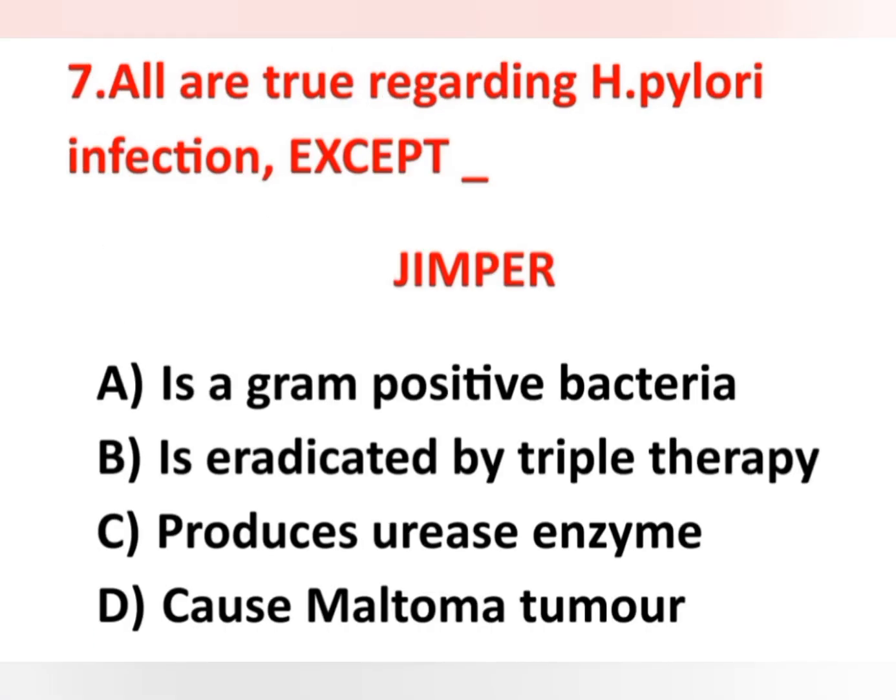Next question, the seventh question. All are true regarding H. pylori infection except: option A is a gram positive bacteria, option B is eradicated by triple therapy, option C produces urease enzyme, option D causes MALT tumor. So our question is which one is not correct regarding H. pylori bacteria.